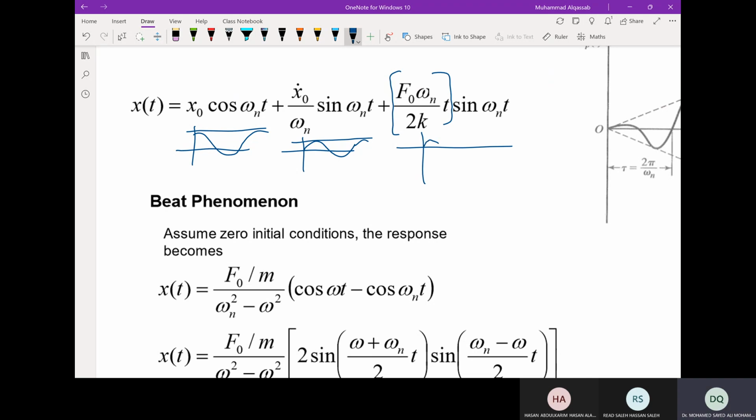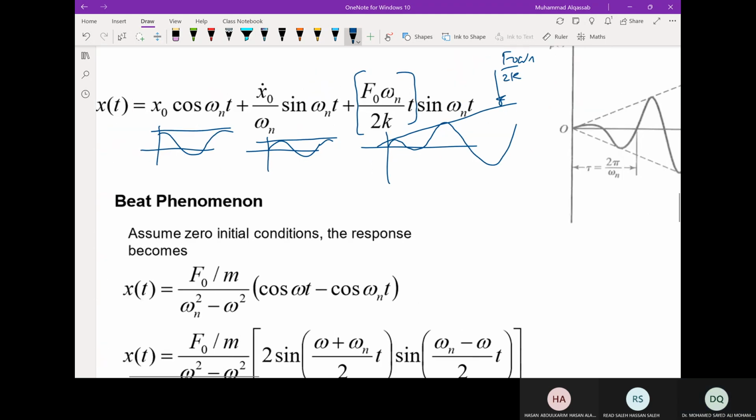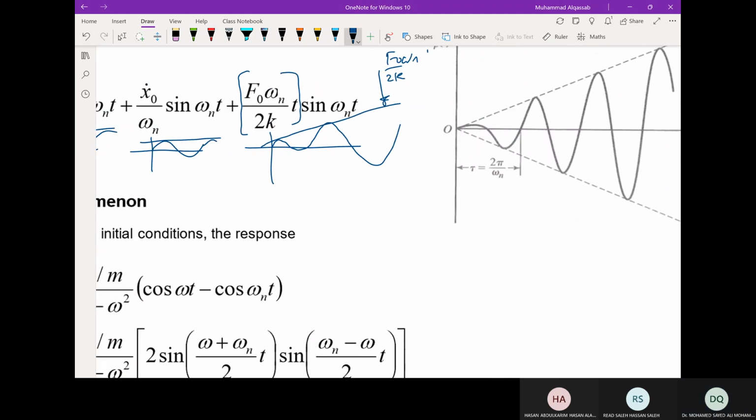So the amplitude is increasing as f naught over 2k omega n t. That is the amplitude. It's increasing as a straight line.